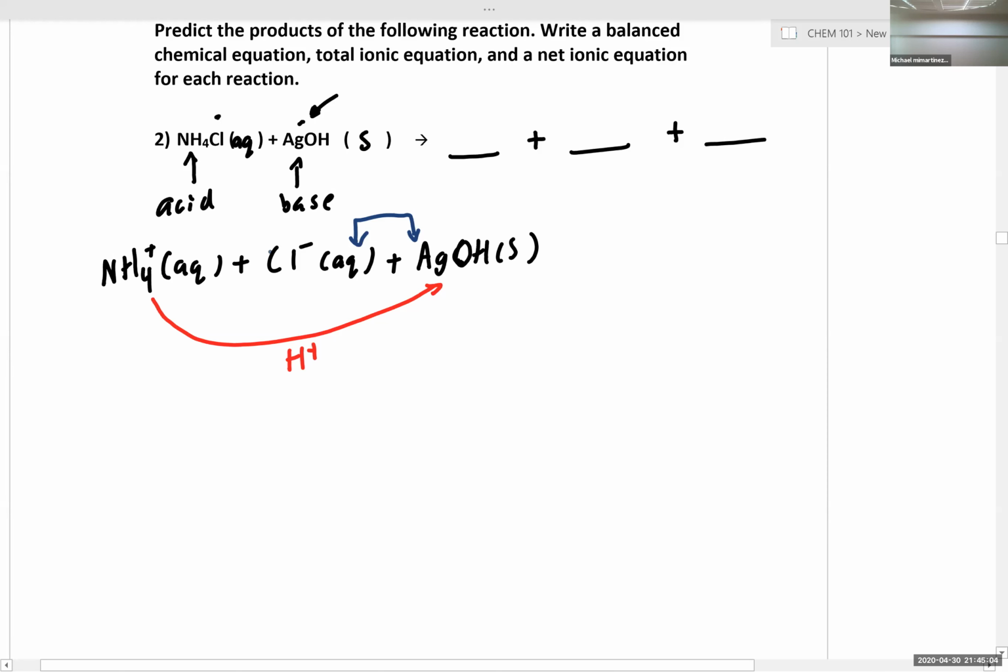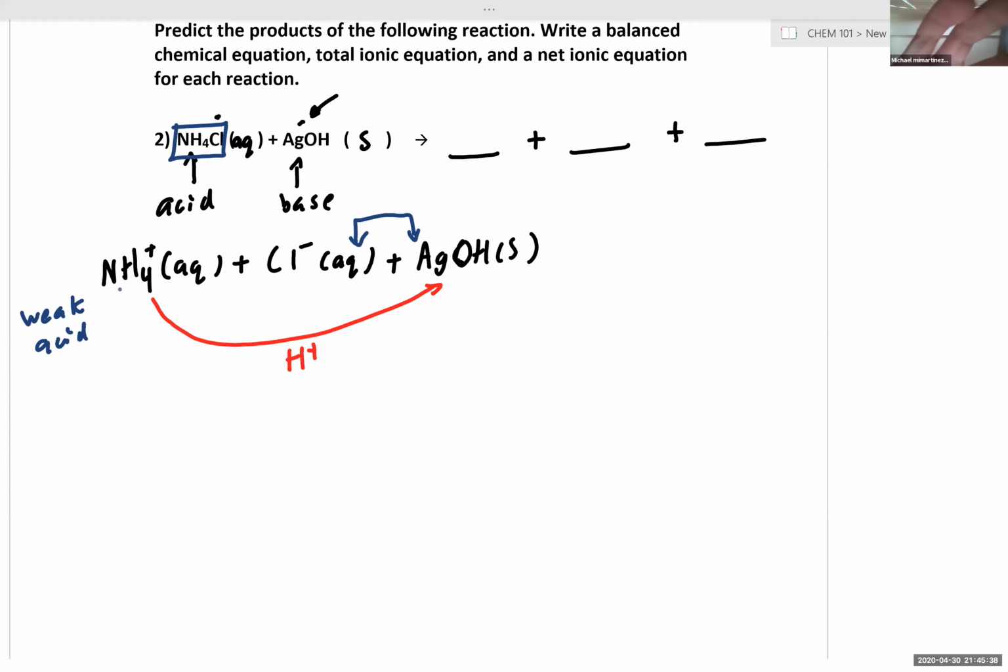We aren't dissociating ammonium further, so ammonium stays as NH4 plus, but this entire salt is a soluble ionic compound. Ammonium ion is our weak acid, and we do not dissociate this weak acid further. We do dissociate this salt further. Does that make sense? We dissociate the salt because it's an ionic compound, but we stop at ammonium because it is a weak acid and doesn't dissociate further.